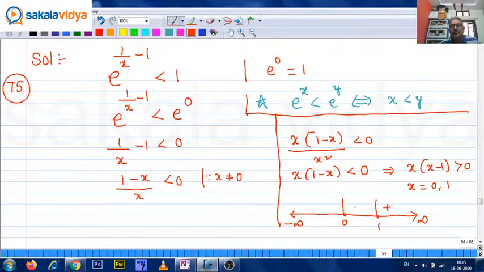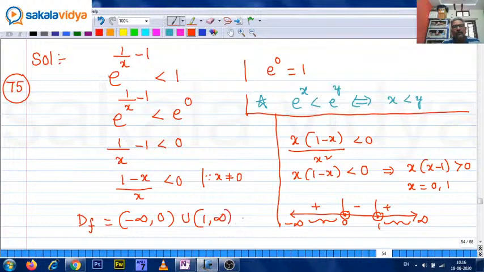This is plus, minus, plus. Here to here and here to here. Therefore, the answer is minus infinity to 0, not included, 1 not included here, union 1 to infinity. This is the answer.